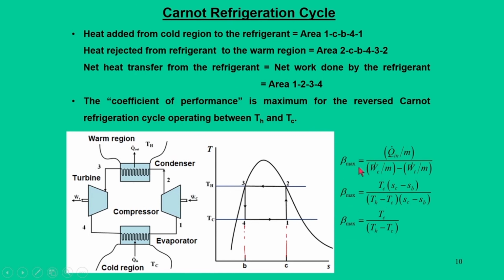Then we can calculate the maximum coefficient of performance, that is beta max, that is Q dot in, per unit mass, divided by Wc minus Wt.